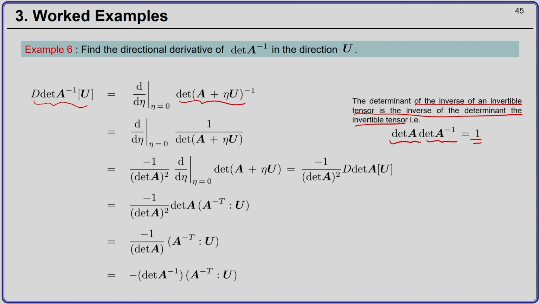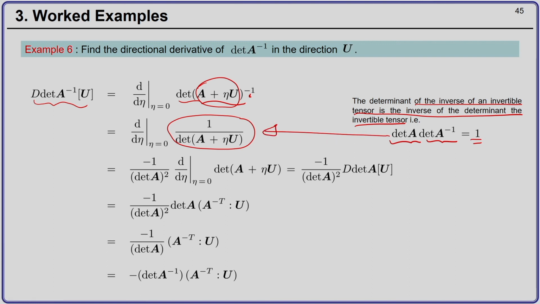Okay. So, you also know from the matrix theory that determinant of a matrix times determinant of the inverse of that matrix is equal to 1. So, if you use this here, determinant of this tensor (A plus eta u) inverse will be nothing but 1 by determinant of A plus eta u. We have used this relation here.